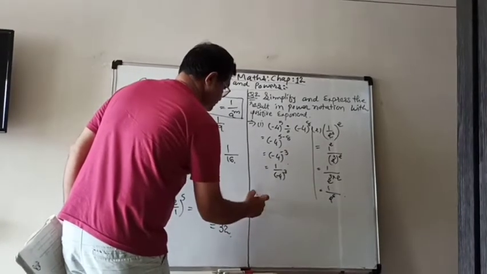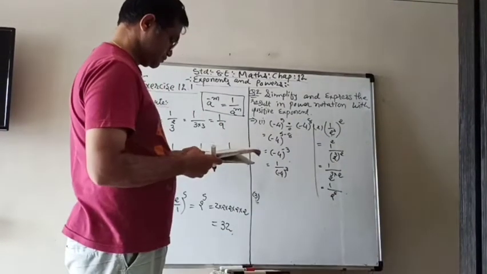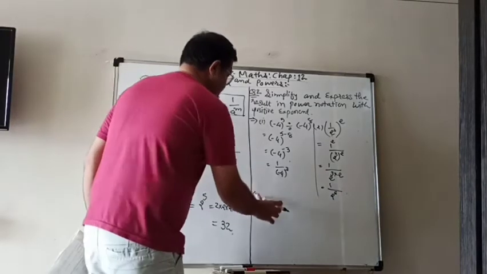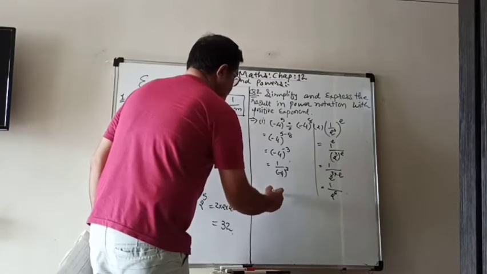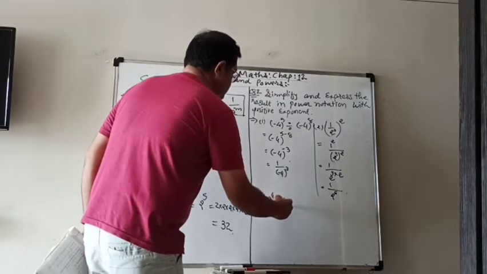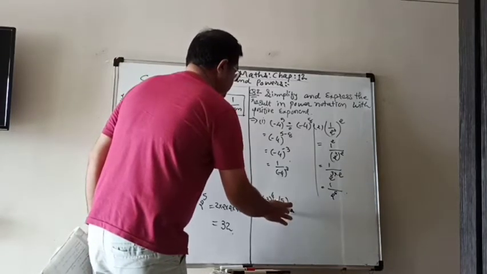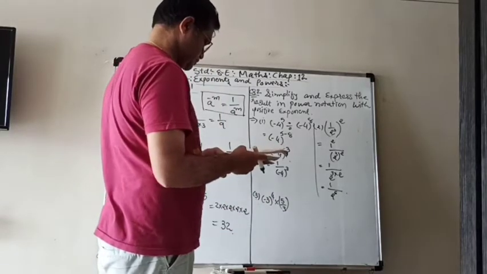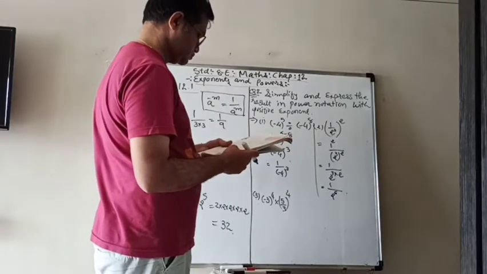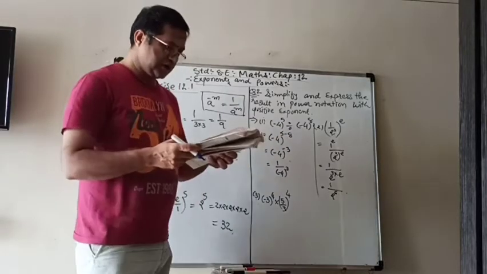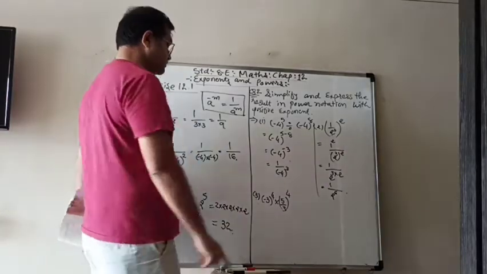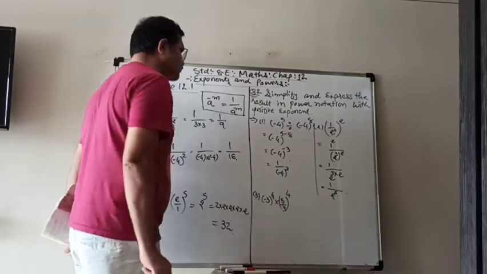Third one. Minus 3 power 4 multiply by 5 upon 3 raised to 4. So here you have to think a little that minus 3 raised to 4.